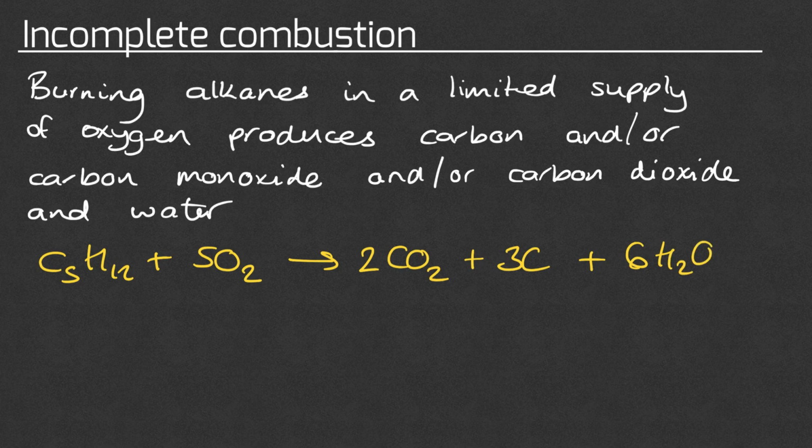As before, you'll need to be able to write equations for this process. So for example, C5H12 could react with 5 molecules of O2 to produce 2 molecules of CO2, 3 molecules of carbon, and 6 molecules of water.